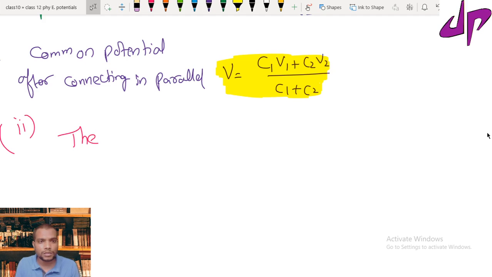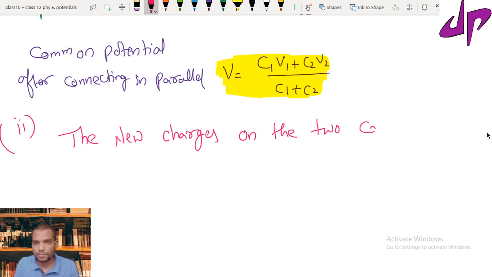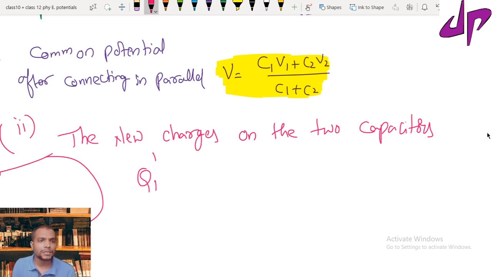Therefore the new charges on the two capacitors, suppose I take the new charge as Q1 dash, and we know the formula for capacitance and charge, capacitance C equal to Q upon V. So if C1 is the capacitance, the new charge will become Q1 dash, but the potential is common.